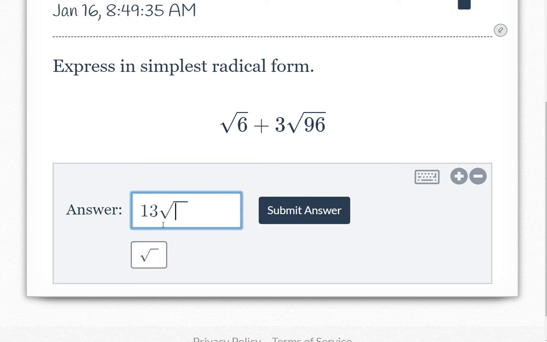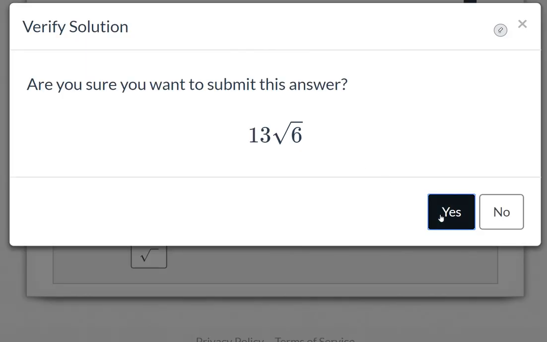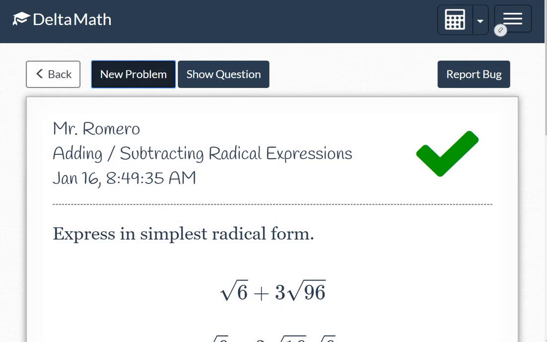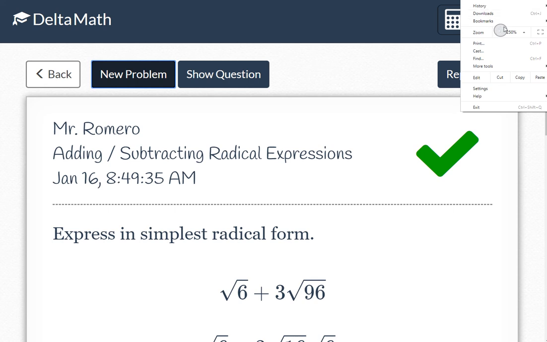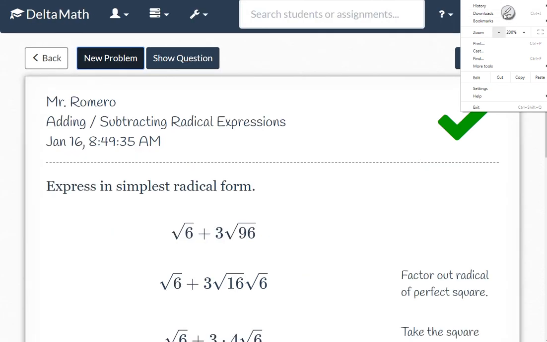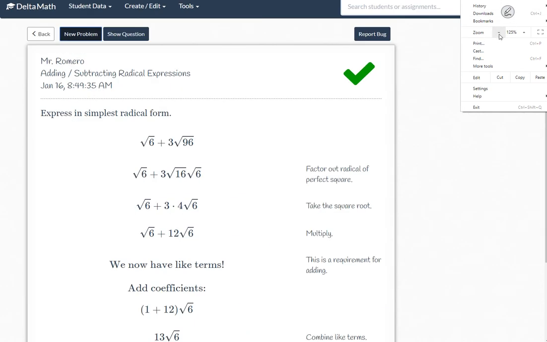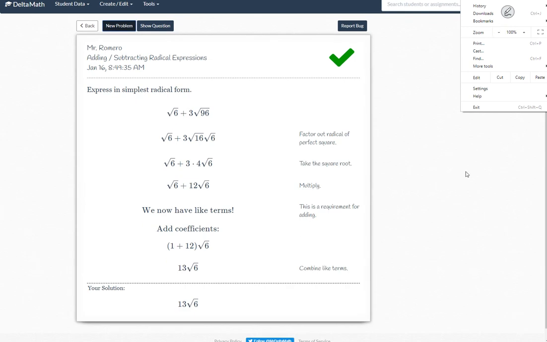So you said 13 square root of 6. All right, let's work this out, because they have a bit of a weird way. You're probably not going to understand their way of working it out. Obviously 6 and 96 are different. You can put 6 into a tree, but you only get 2 and 3. There are no pairs, so that has to stay the same.